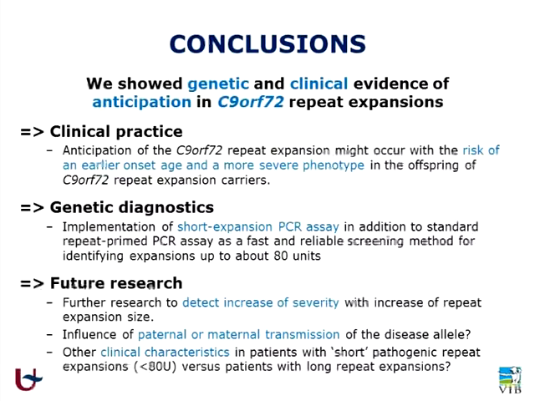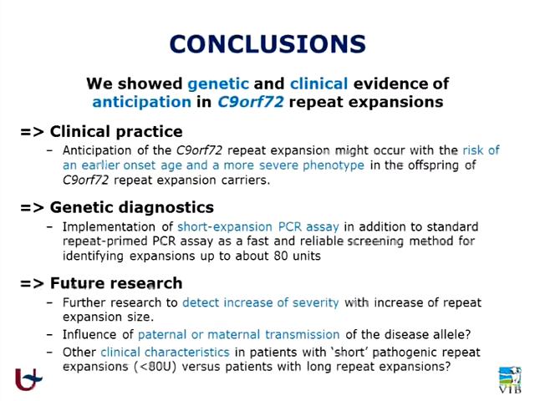And then we also want to look if there is an influence of paternal or maternal transmission of the disease allele. For example, in Huntington's disease, that's another repeat expansion disease, you see that there is a higher chance of anticipation when there is a paternal transmission.